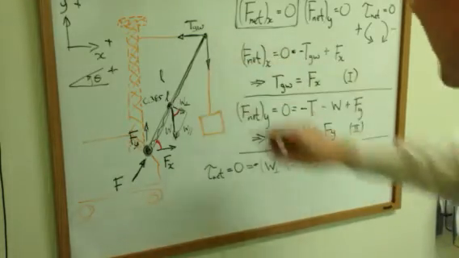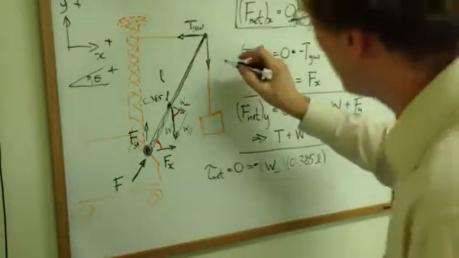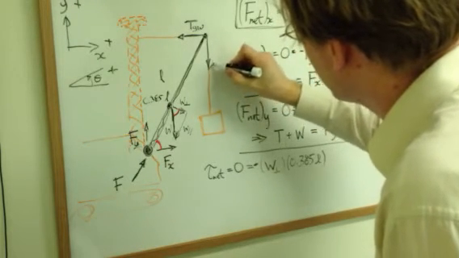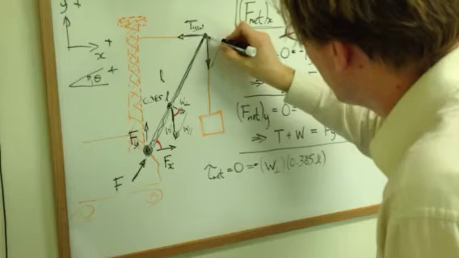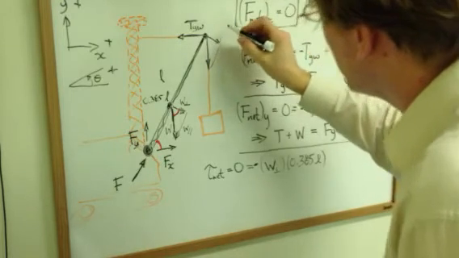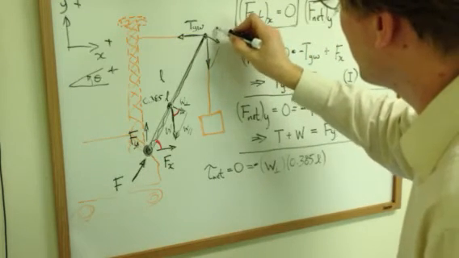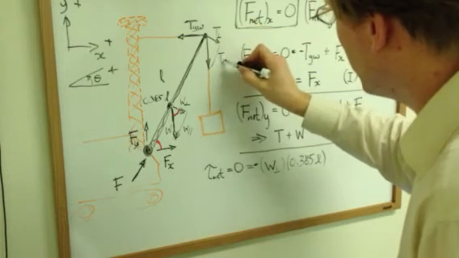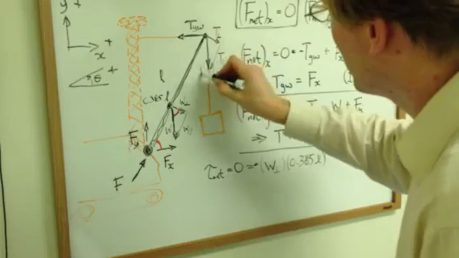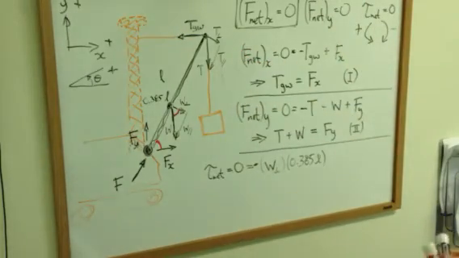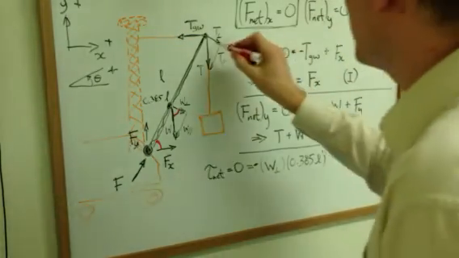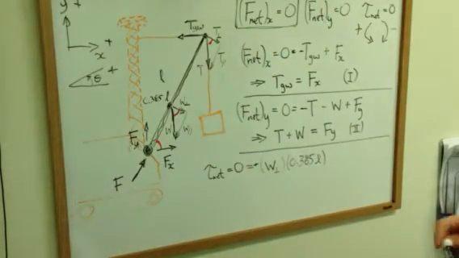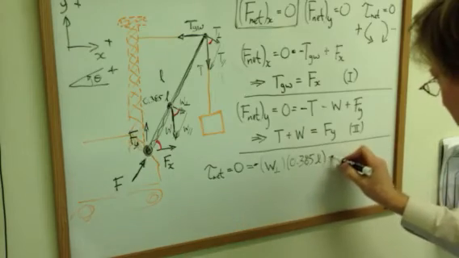I can come up with a geometrically identical argument for this tension here, in that this tension partially is perpendicular, partially is parallel, and with the exact same geometrical arguments, I'm going to say that it's going to have a very similar effect.